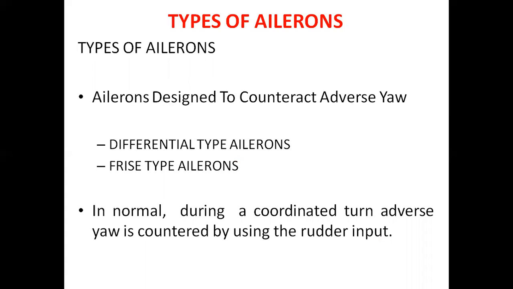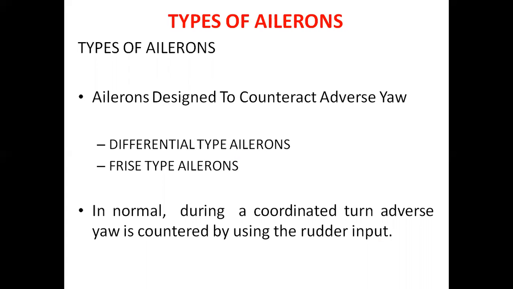So now, how can adverse yaw be counteracted? By adopting one of two designs in the aileron: either the differential type of aileron design or the Frise type of aileron design. These two designs are generally adopted in all aircraft.